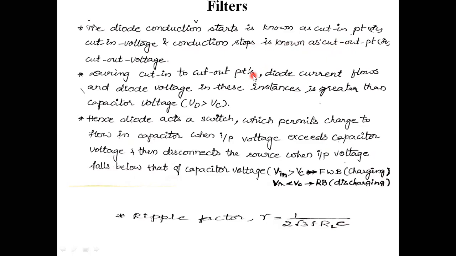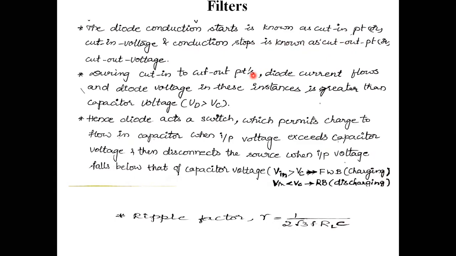The point where conduction starts, we call the cut-in point or cut-in voltage. The point where conduction stops, we call the cutout point or cutout voltage. During cut-in to cutout points, diode current flows and the diode voltage in these instances is greater than the capacitor voltage, that means Vd is greater than Vc.